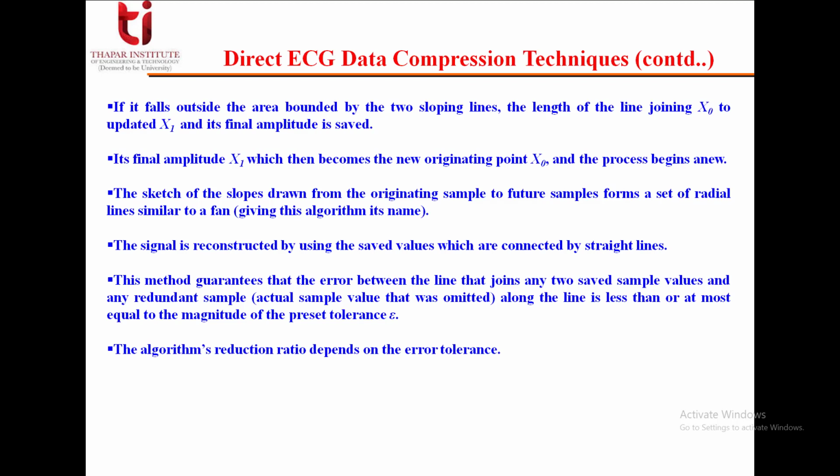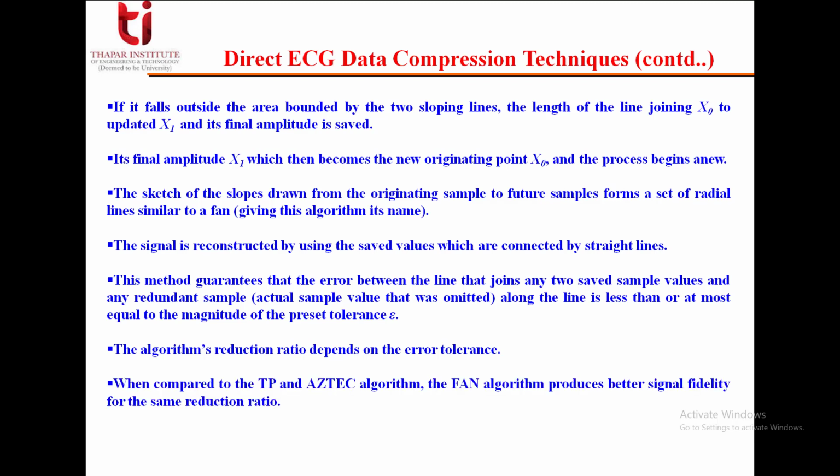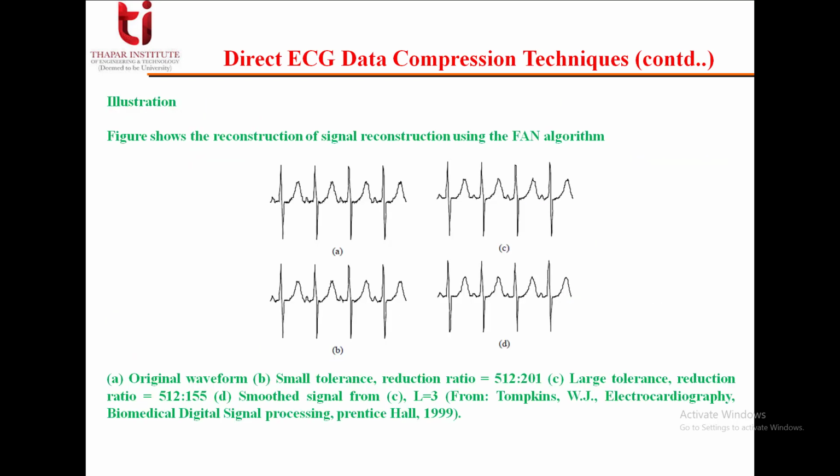In this algorithm the reduction ratio mainly depends on the error tolerance. Compared to the turning point and AZTEC algorithms, the fan algorithm produces better signal fidelity for the same reduction ratio.